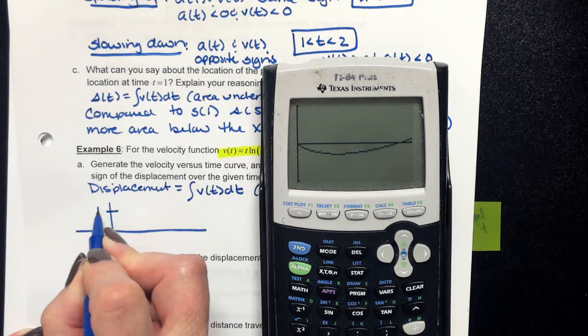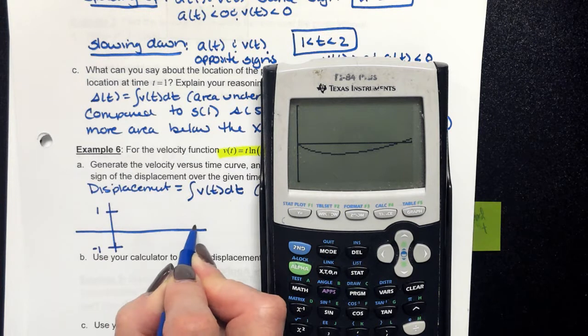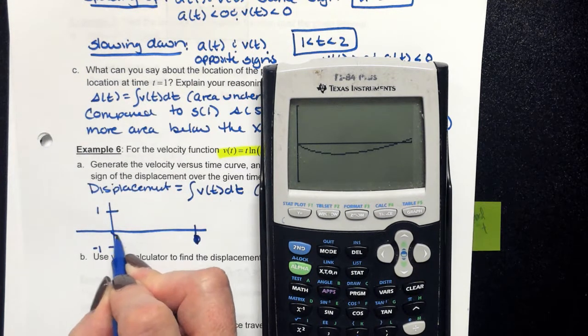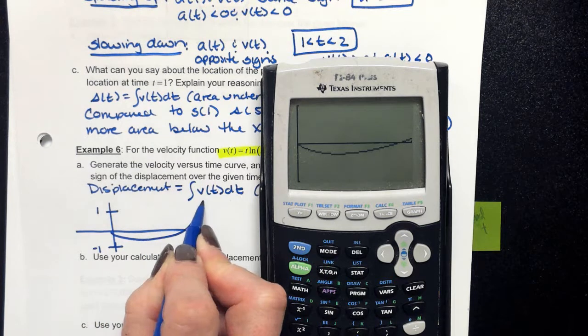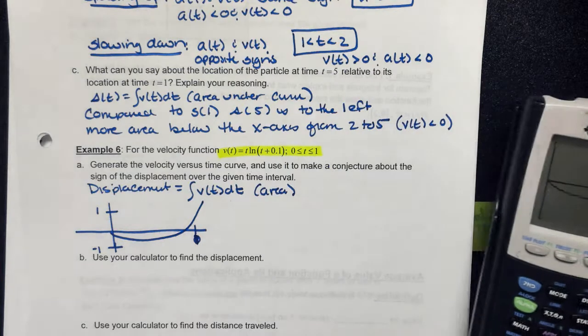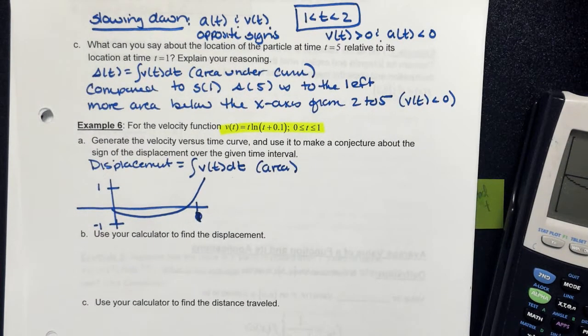So I used a viewing window going from -1 to 1 on the y-axis and 0 to 1 on the x-axis. So tell me about your displacement. What do you think is happening with the displacement?